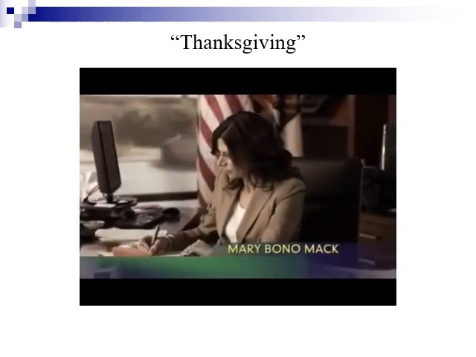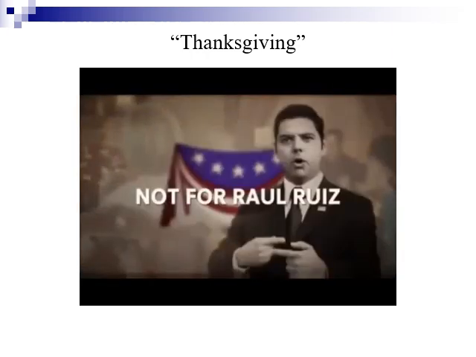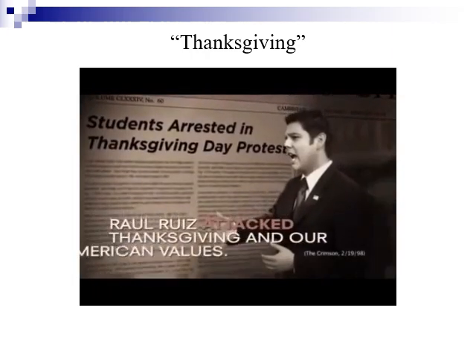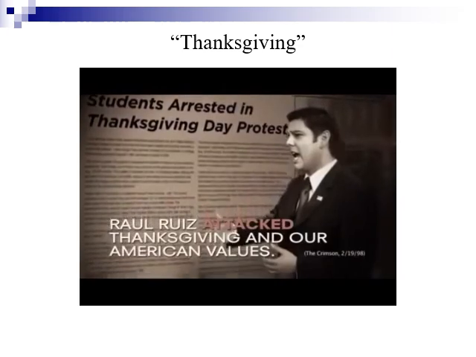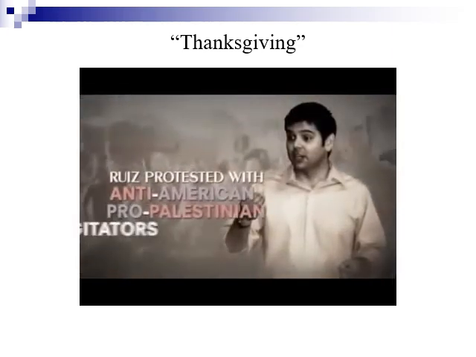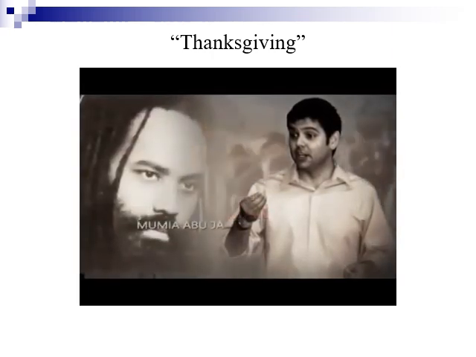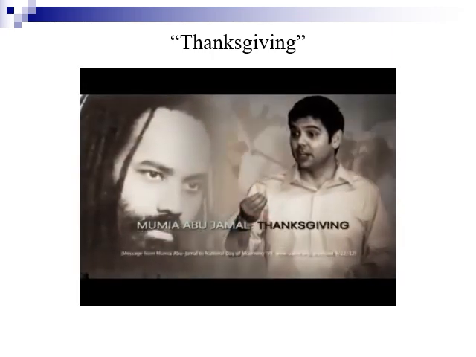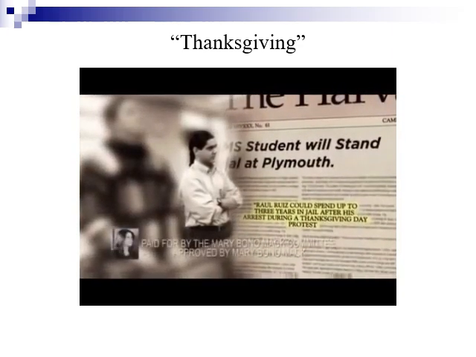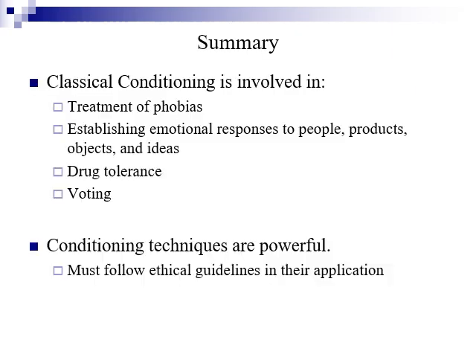I'm Mary Bono Mack, and I approve this message. Thanksgiving is a wonderful holiday. Not for Raul Ruiz. For 6 years, Ruiz led protests attacking Thanksgiving and our American values. Another protest turned violent, and Ruiz was arrested. It's outrageous. Ruiz is running for Congress.